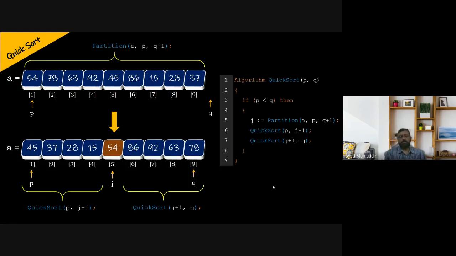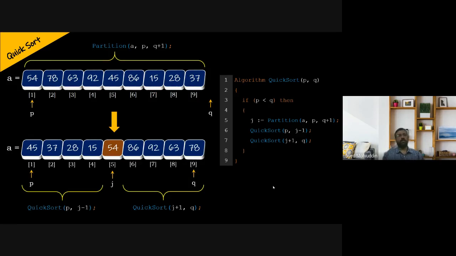Now remember, in merge sort, we first recursively call merge sort, then we perform merging of two sorted arrays. In quicksort, we first perform the partitioning and then recursively call quicksort on the left partition and the right partition. That is the way it works.